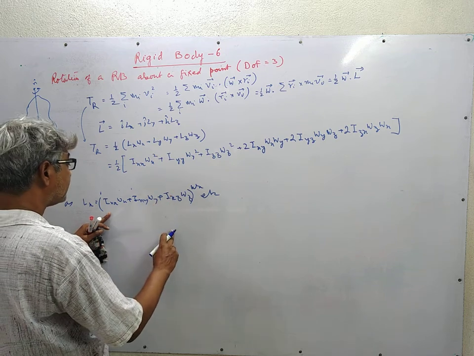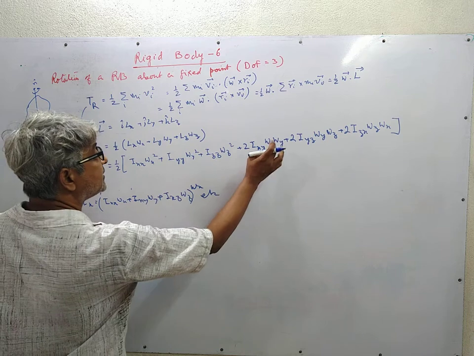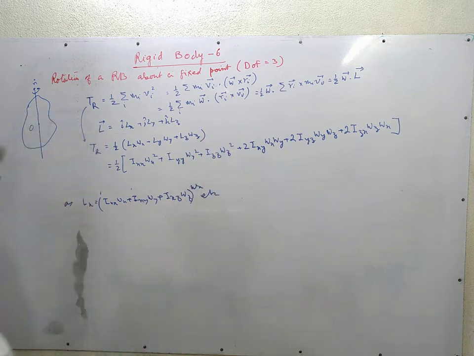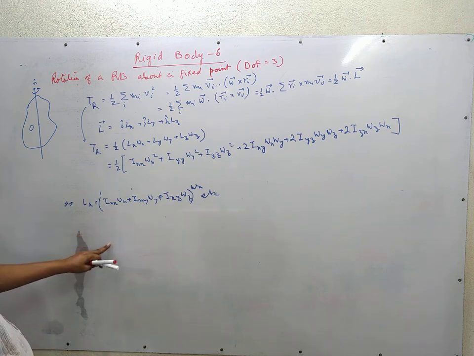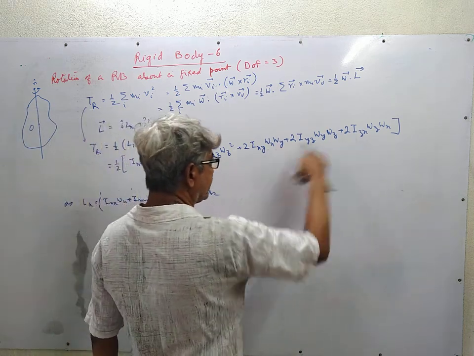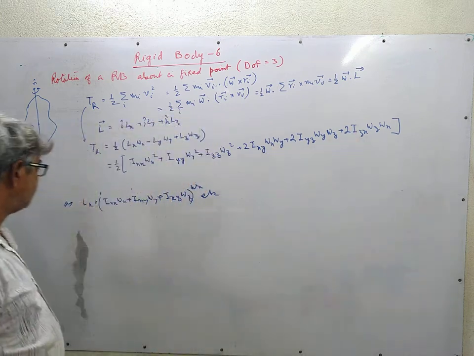There will be another term coming from the Ly part, which makes it the contribution, and similarly this term. So when we multiply such three terms, there will be altogether 9 terms. 1, 2, 3, and there are 6, 2 in each of them. So these are the 9 terms.